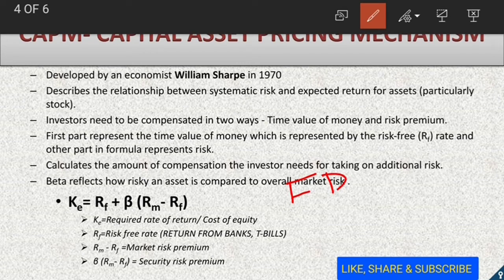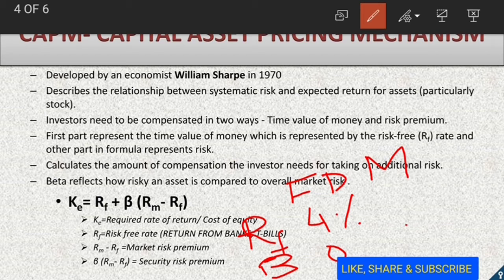Now we will try to understand the complete theory with the help of an example. Let us consider Ram is investing his money in FD and the returns is 4%. And what is beta here? What is the risk here? Beta is 0. Now, if Ram will invest in the market, then we know that the risk of the market is always 1.